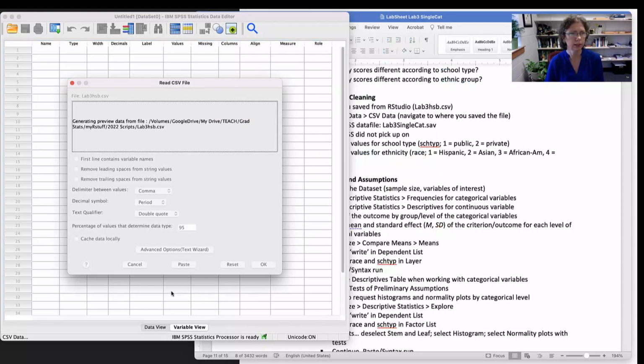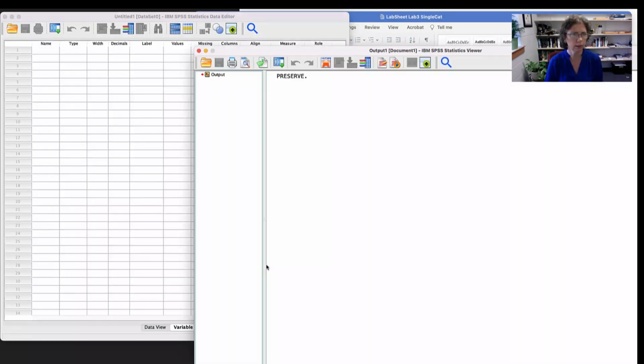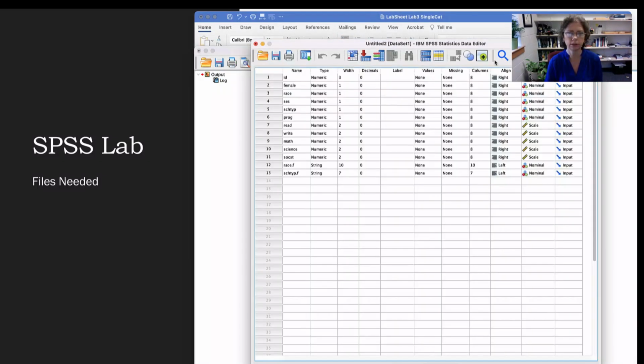It's going to take a second to find itself there. Then you hit OK, and it loads into SPSS.